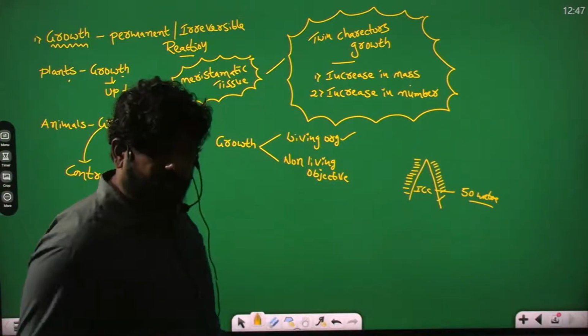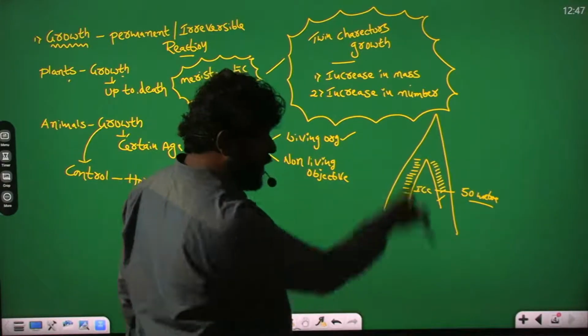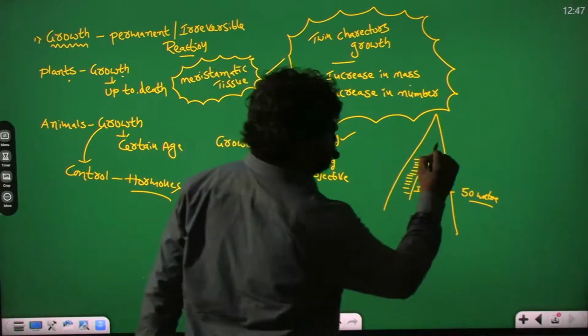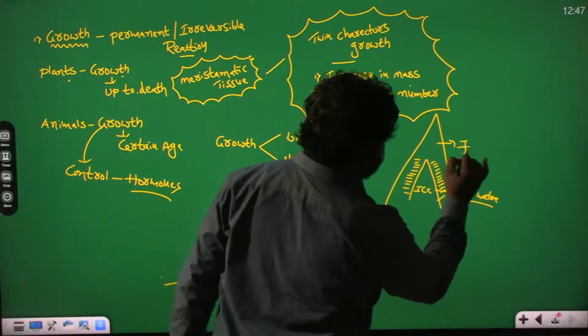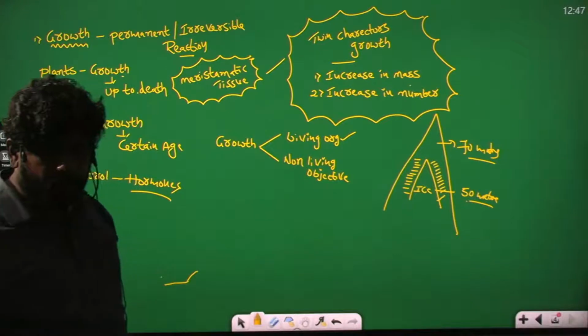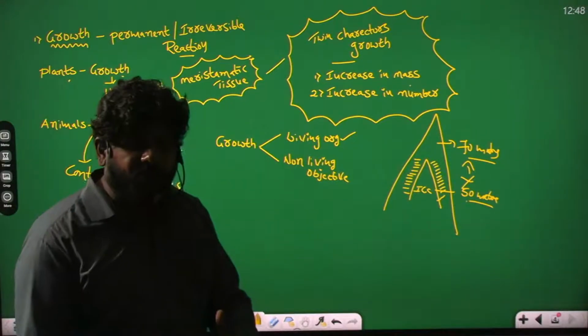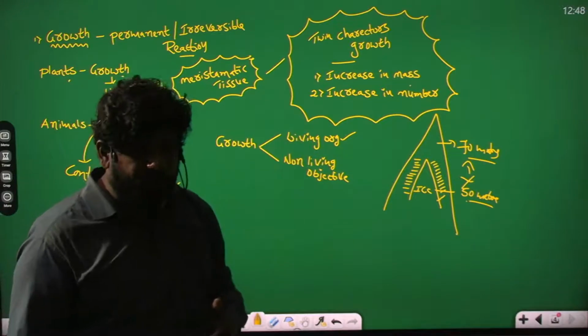After 1 week you can come and see the height of this ice mountain has increased from 50 to 70 meters. Here also growth has occurred, from 50 meters to 70 meters.